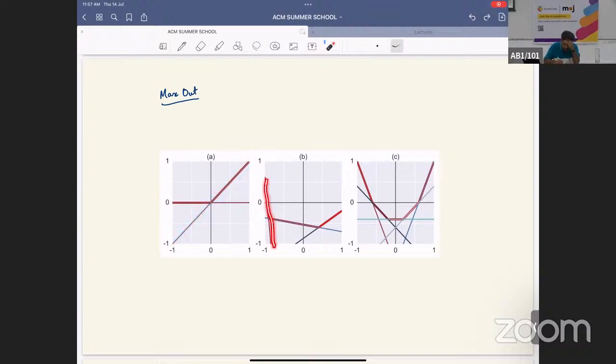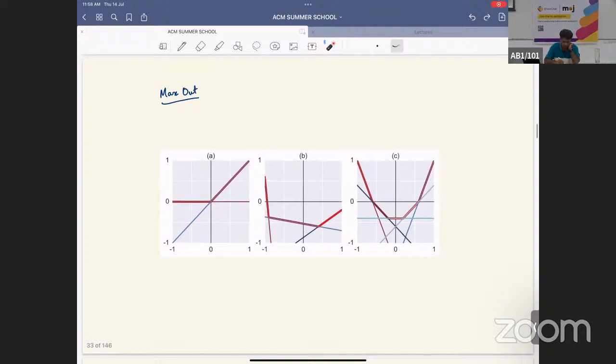This one is a linear activation function. This is another linear activation. This is another linear activation. 3 linear activation functions are there. So always you choose the maximum out of it. At any given point, you go to all the linear activations, whichever is the maximum, that value you keep. So you get the activation function shape as this.